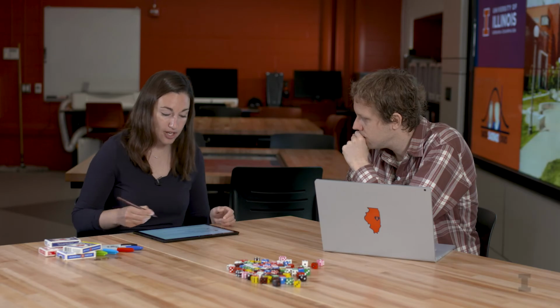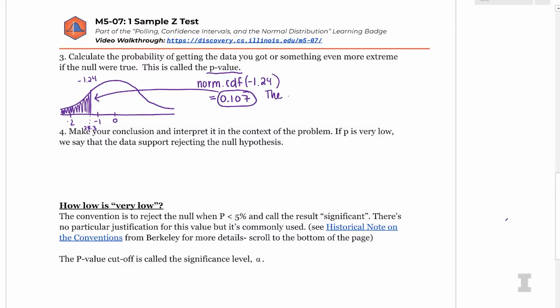So this tells us the probability of getting a sample average of 28.3, I'm going to say or lower, because that would be the more extreme case, or lower, that's the left-hand tail, given that the null hypothesis is true.